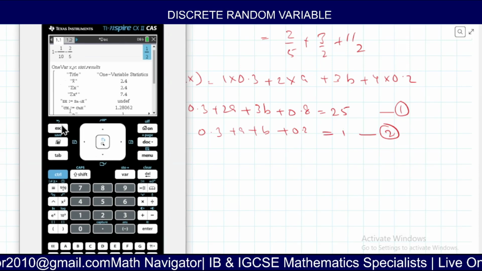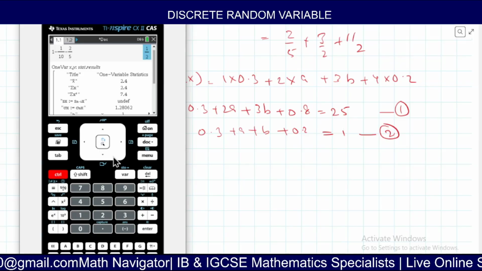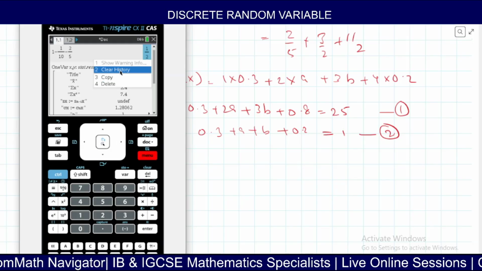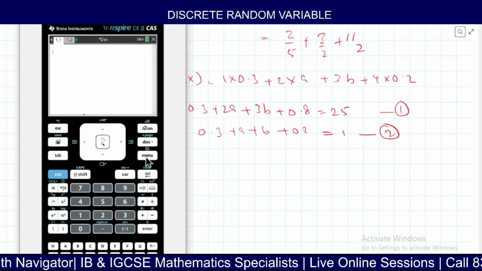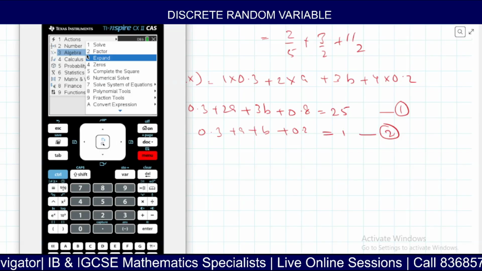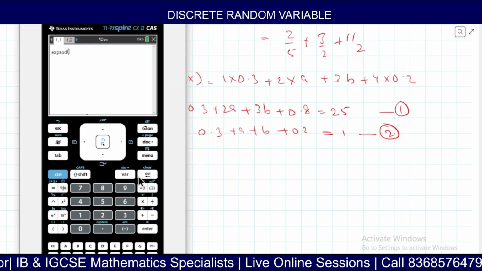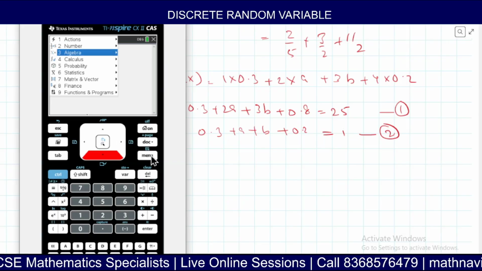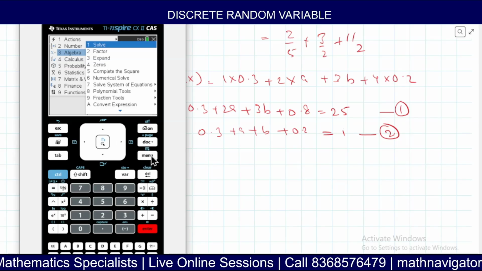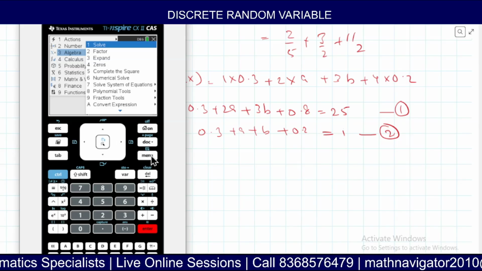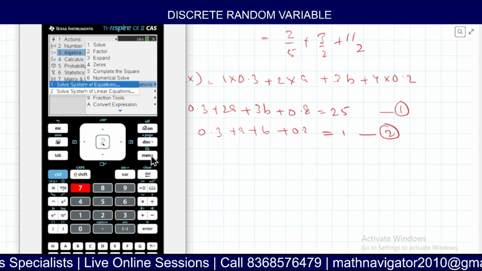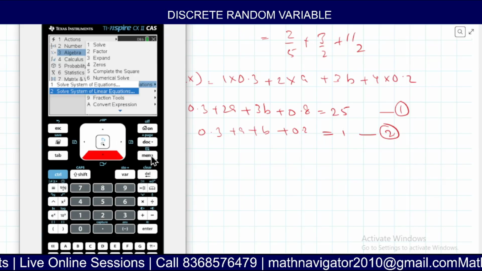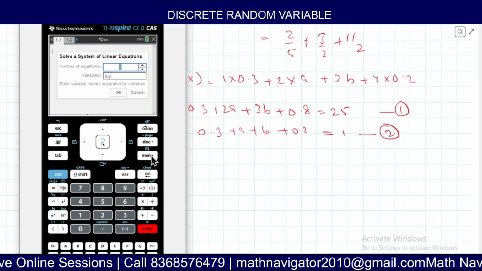For this, let me first clear history, control, and then menu, clear history, and then menu and then number 3 algebra, hit enter, then solve system of linear equations, hit enter.